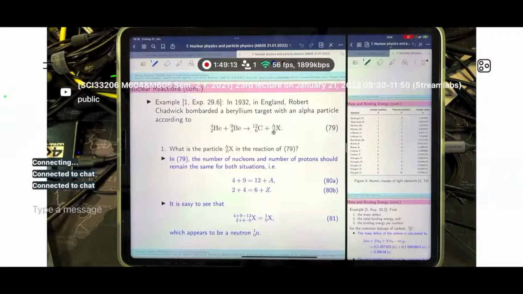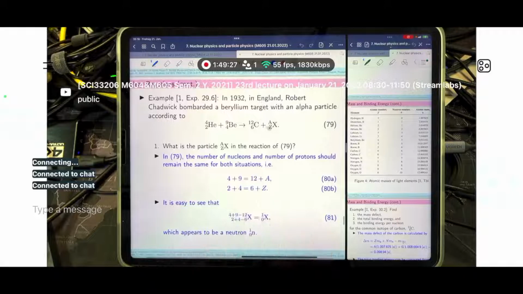One important thing is another particle, denoted here by X. X is unknown, A is the number of nucleons, and Z is the number of protons inside the nucleus. So the question is, what is the particle X with A and Z? We don't know which element it is, right? In this equation, what is the particle X? How could we solve this problem?